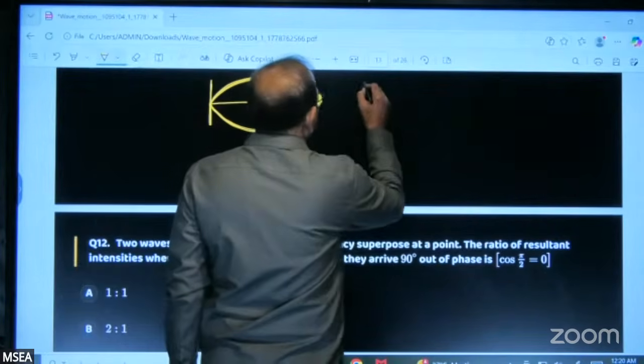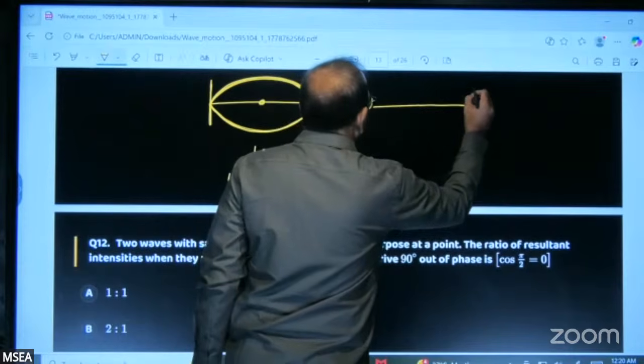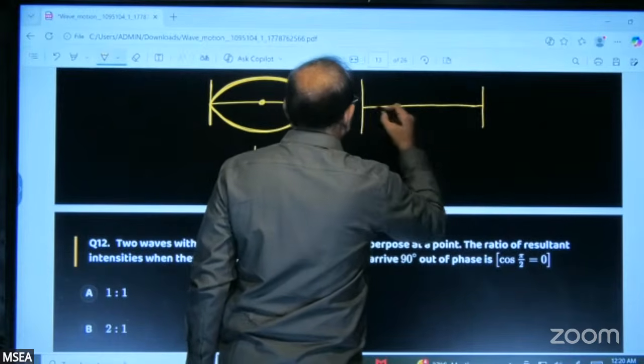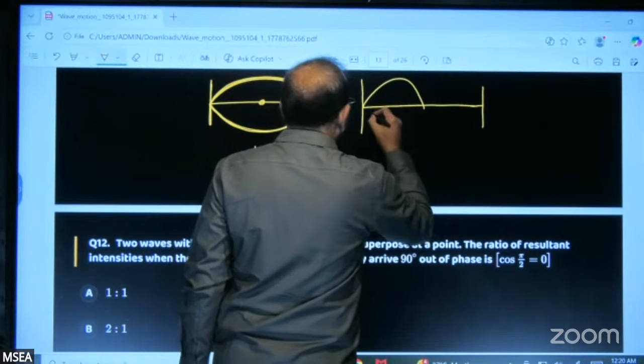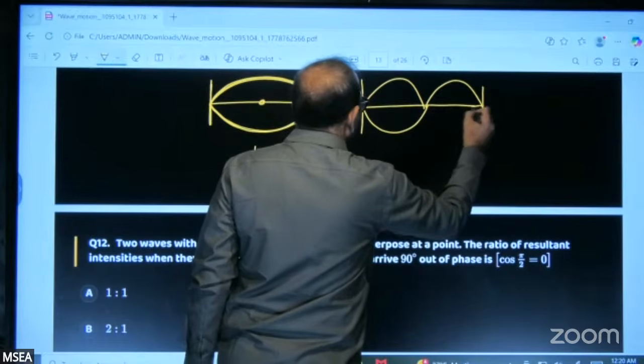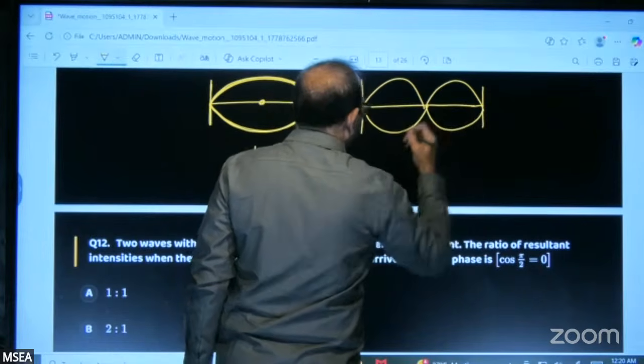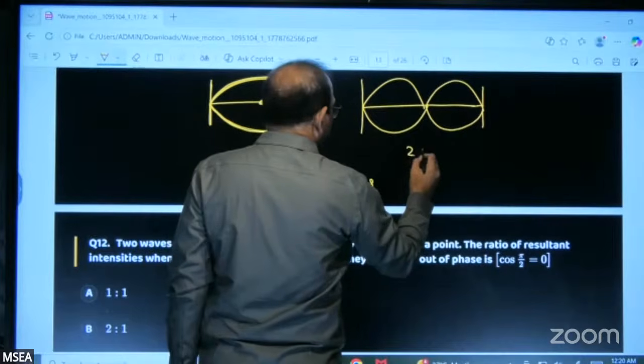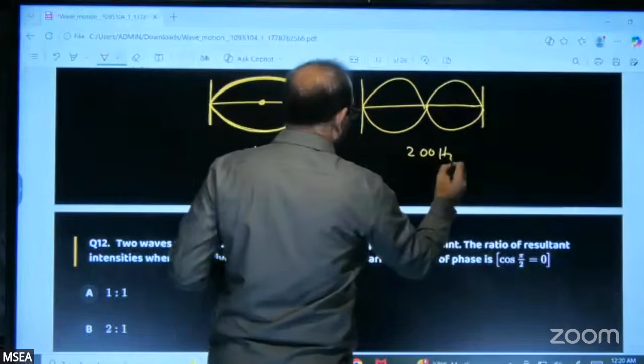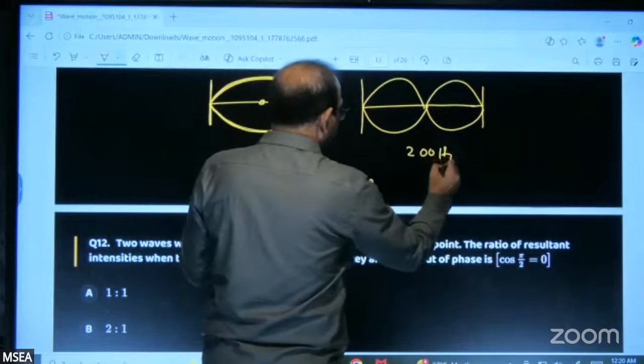What is next, the second harmonic? If this same wire of same length vibrates in the form of two loops, that is the second harmonic. This frequency will be 200 hertz, 2 times the fundamental frequency.